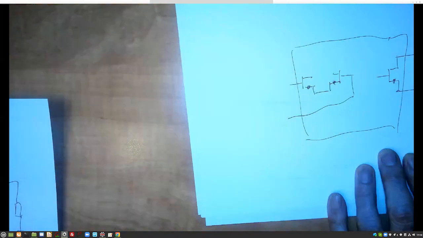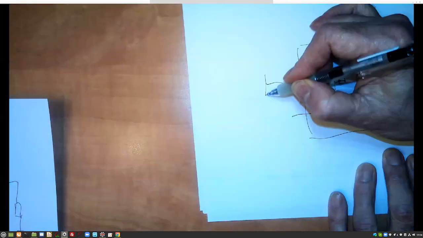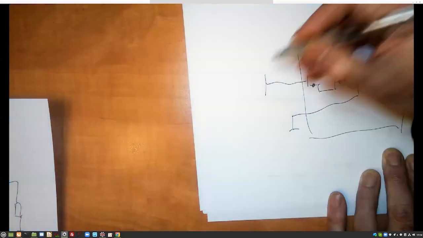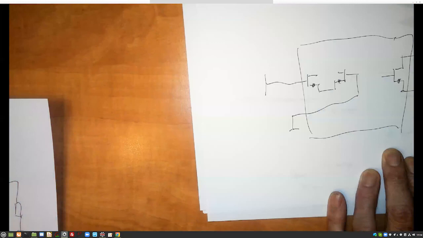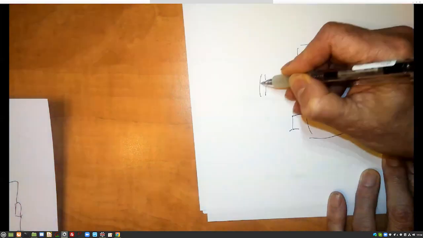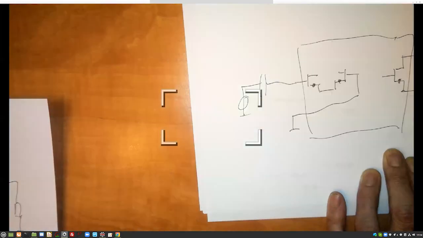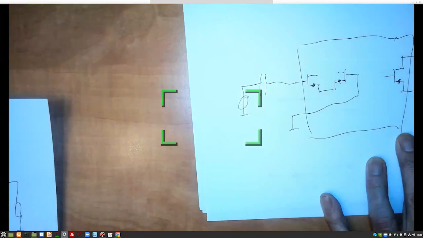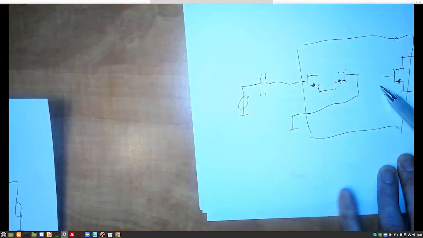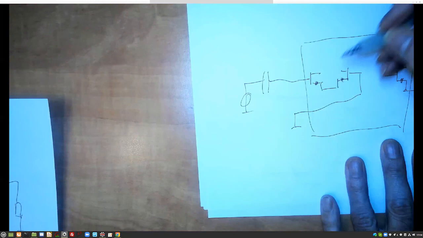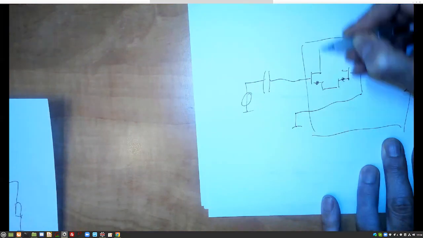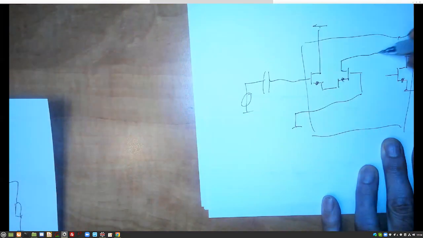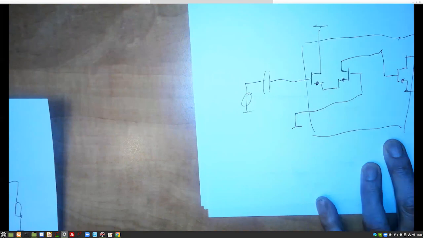Then if this will be the input for my signal and this will be ground, so this is the input for signal, which makes it the capacitor and the signal source, and this is also ground, then I must have a non-inverting stage here. So this will be connected to ground and this will be connected to this stage and this will be the output.